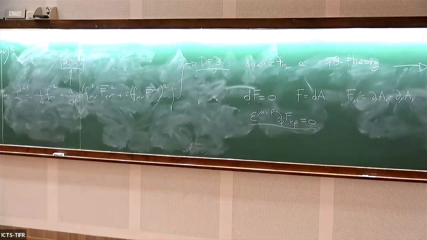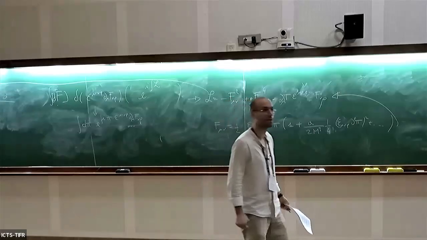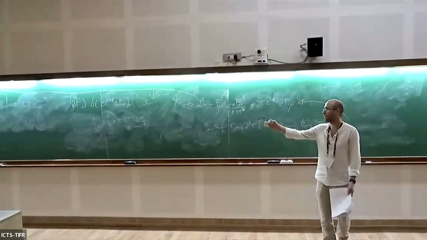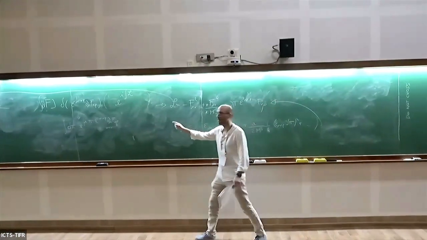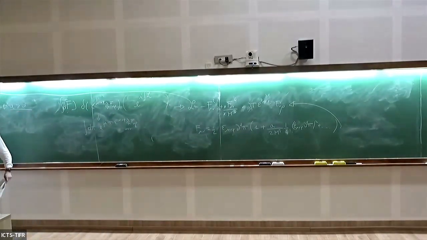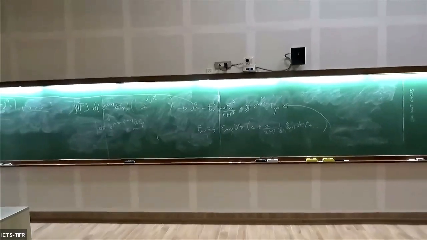Non-locality, meaning... no, but within the EFT, the non-locality is never resolvable. It's never resolvable. I'm probing distances which are larger than the scale of non-locality, 1 over m. I never see that.